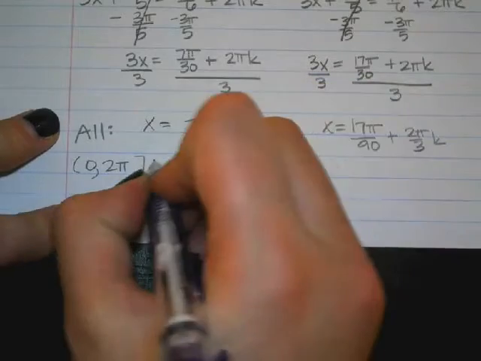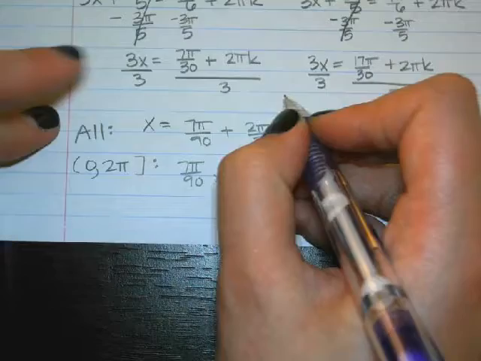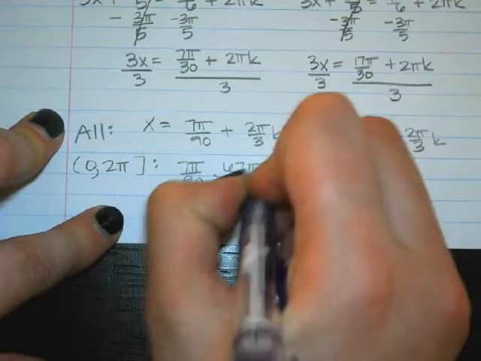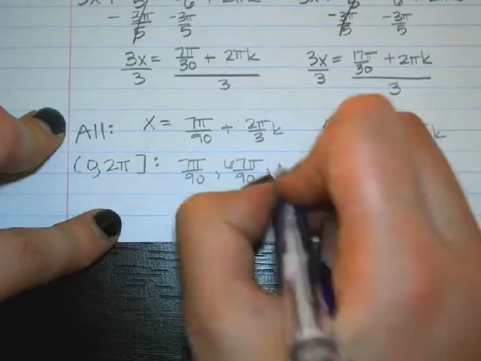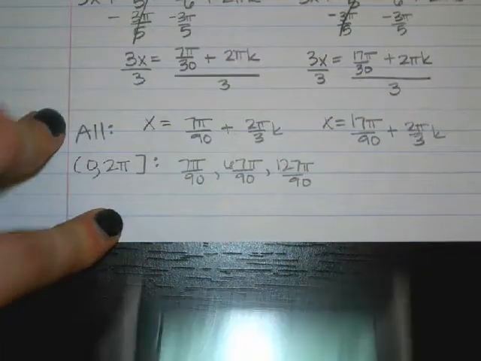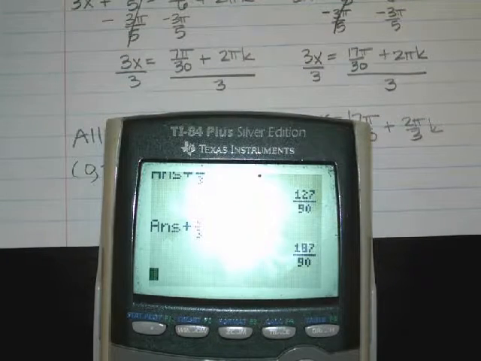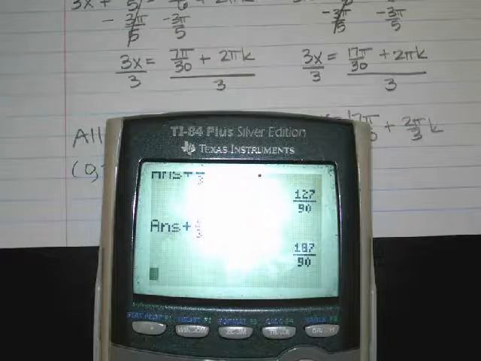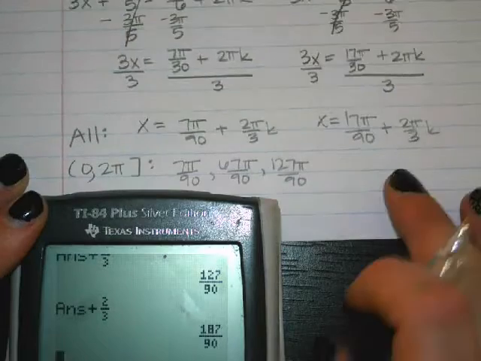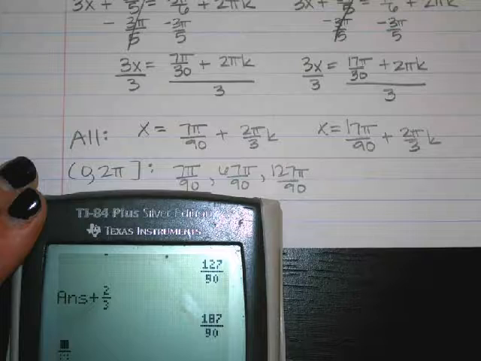So I'm going to keep my first answer, the 7 90ths, and then I had 67 90ths, and then I had 127 90ths. And if I do it one more time, I get 187 90ths, which is too big because 180 over 90 is 2. That's too many.